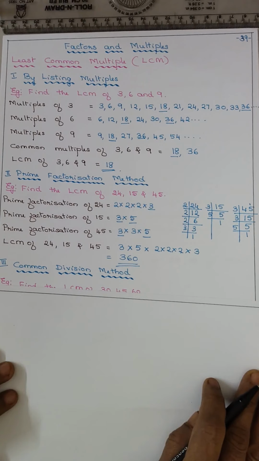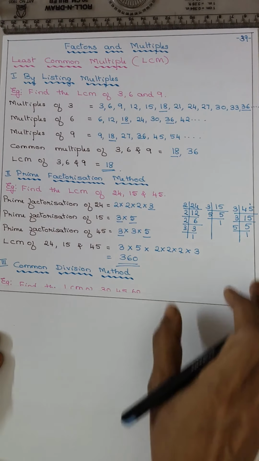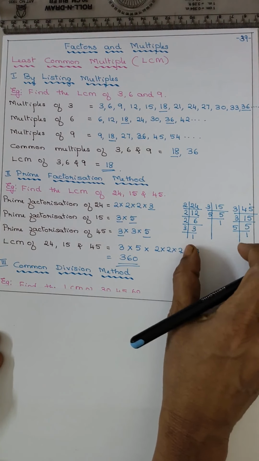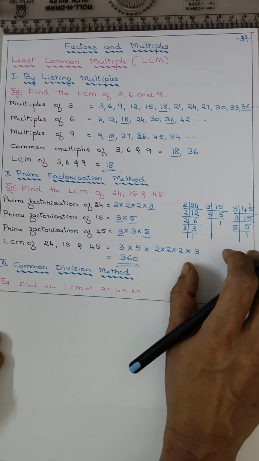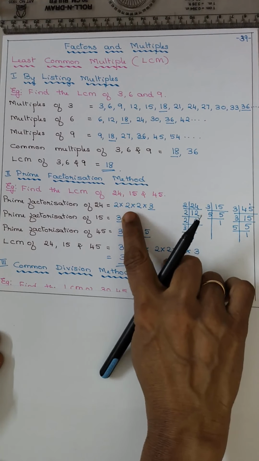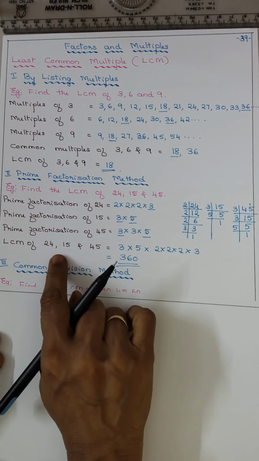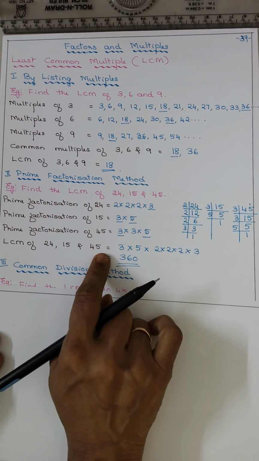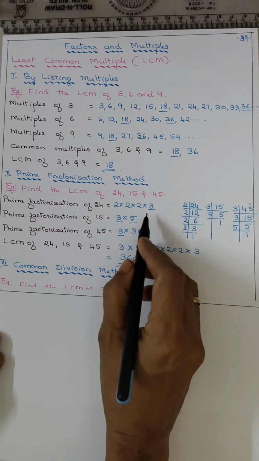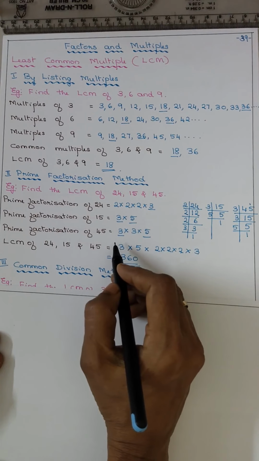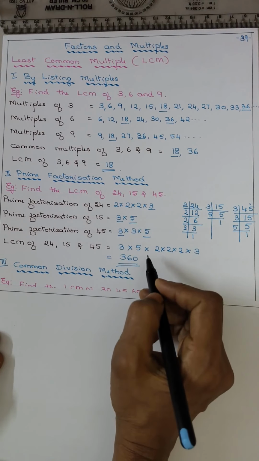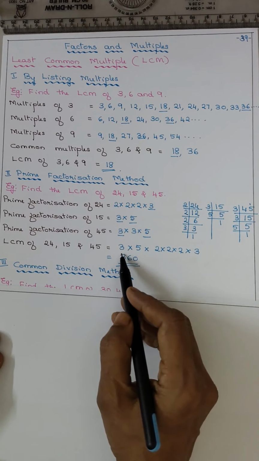Understood? So for prime factorization method, first do the prime factorization of all the 3. Write the prime factorization of each number. Then LCM of the 3 numbers is equal to, underline the common factor in all the 3, write once.